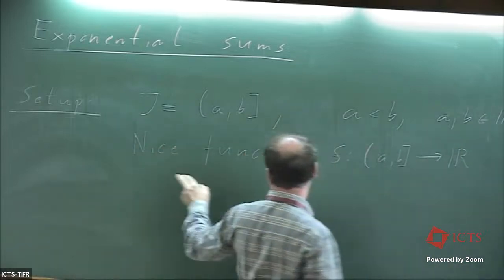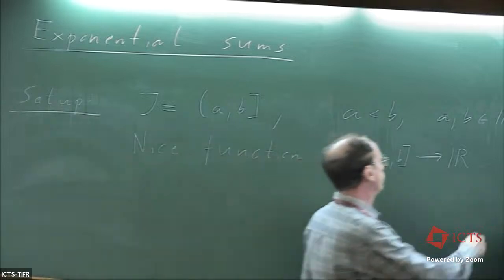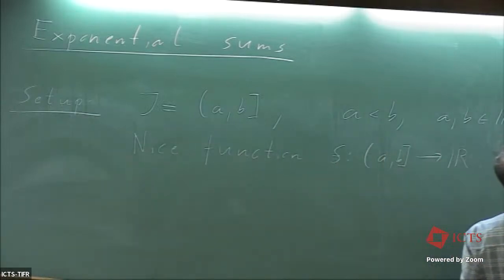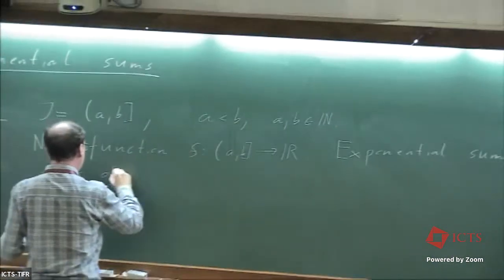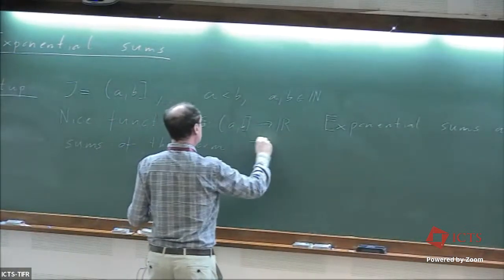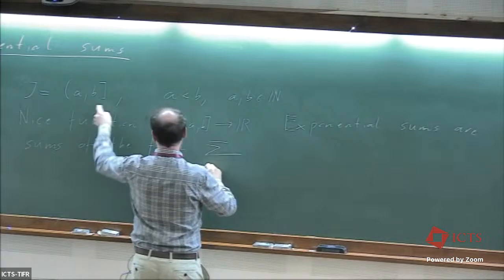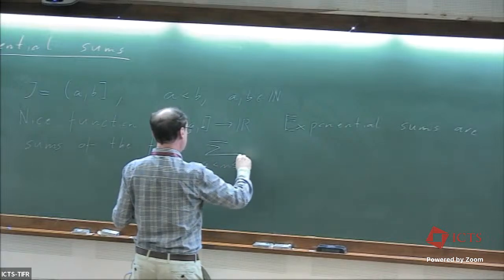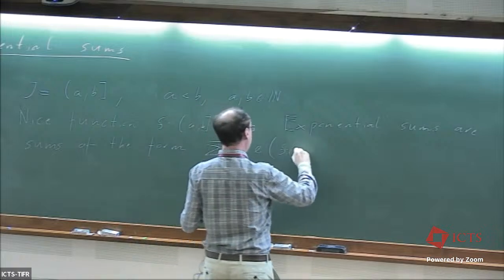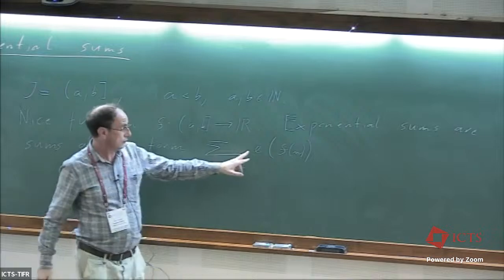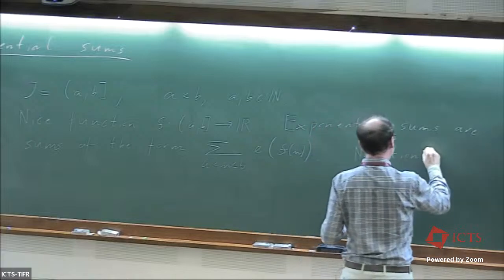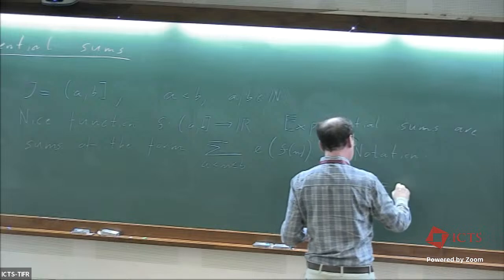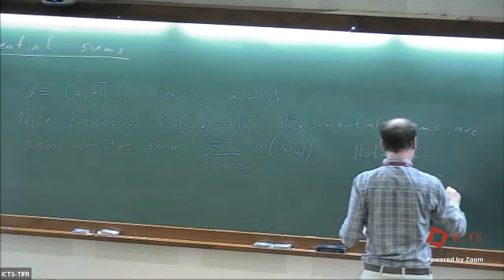Then an exponential sum is of the following form: the sum over n in the interval AB, A less than n less or equal B, of E of F of n. And this notation means, as usual, E of z is e to the 2 pi i z.